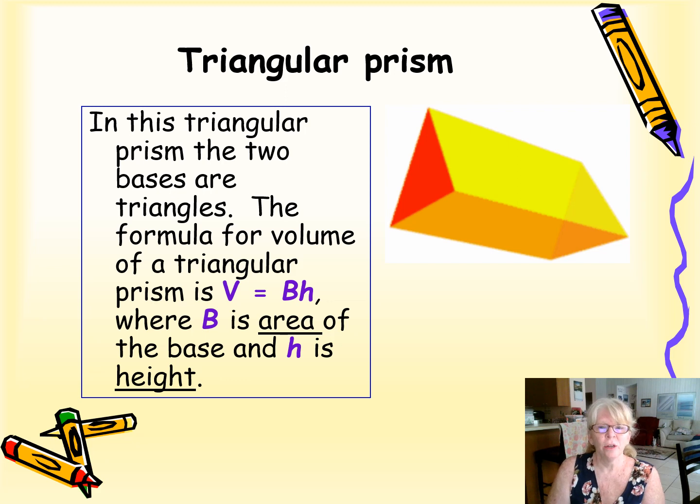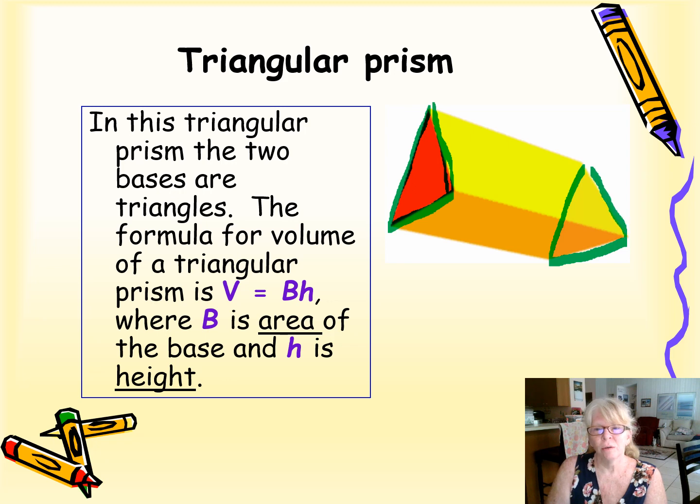This is a triangular prism. Here is why. Because its 2 bases are triangles. I know you have rectangles, but if you have a triangle, that's why it's going to be called a triangular prism, okay?